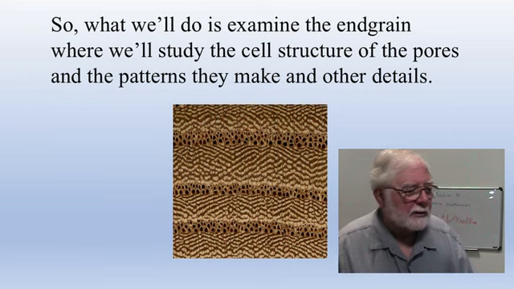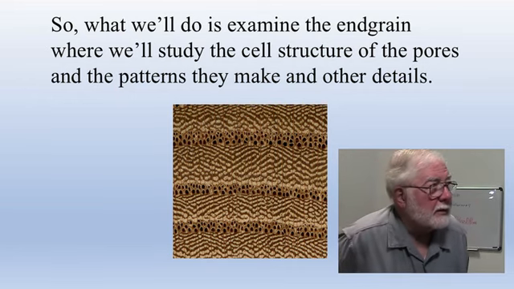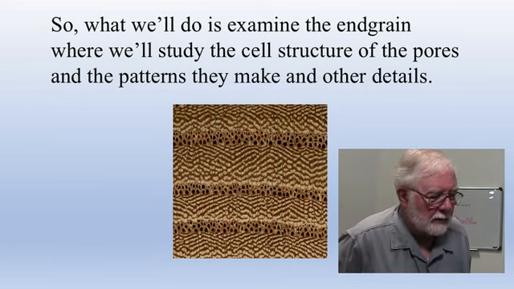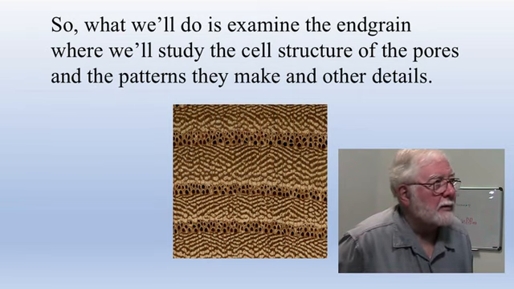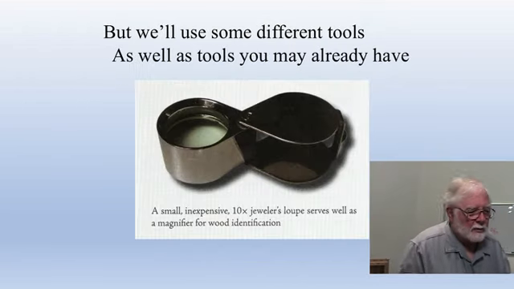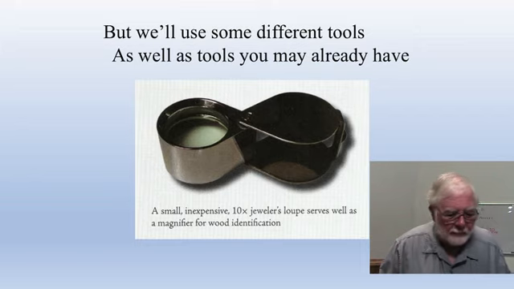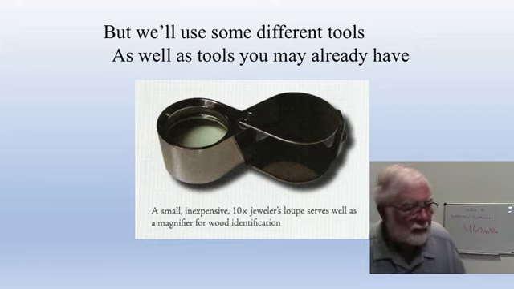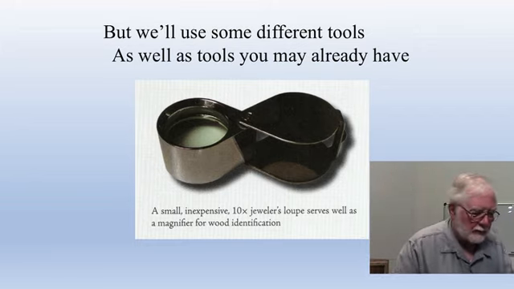So what we're going to do is look at the end grain. We're going to study the cell structure, the pores, and the patterns they make, and other details. To do that, we're going to be using some different kinds of tools. You've all seen me pull out my little loupe and look at it.